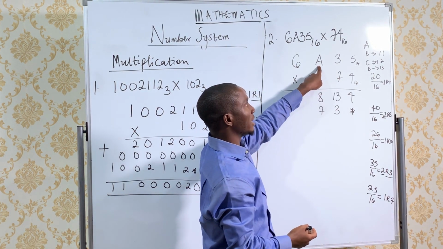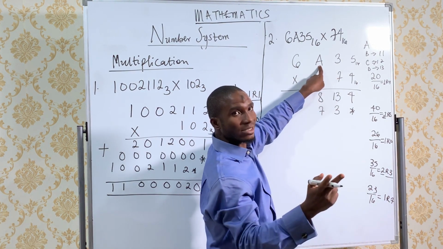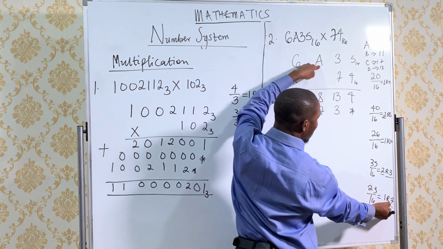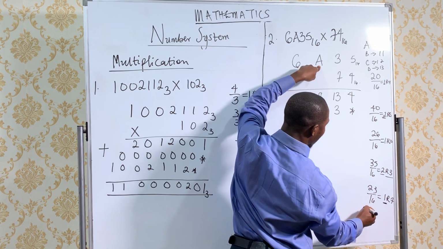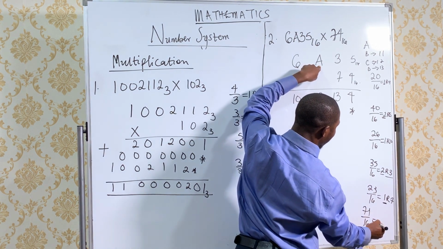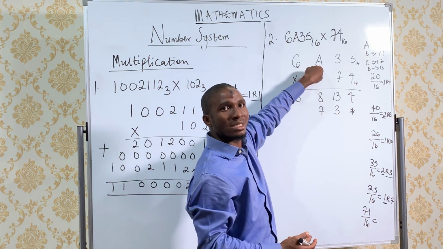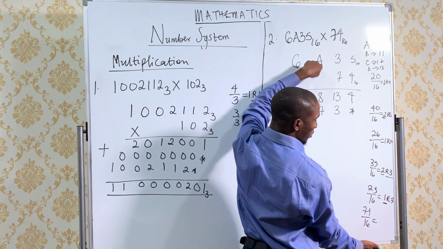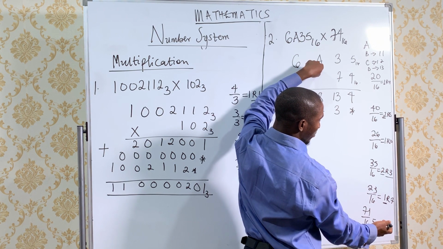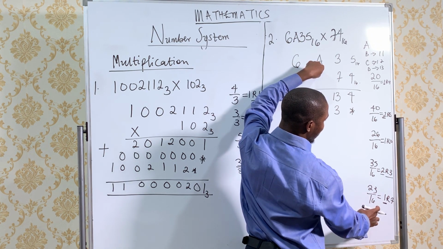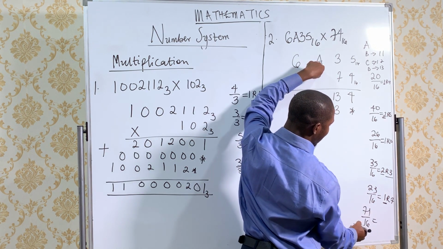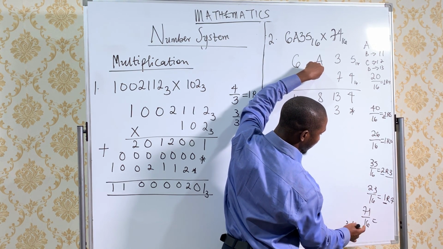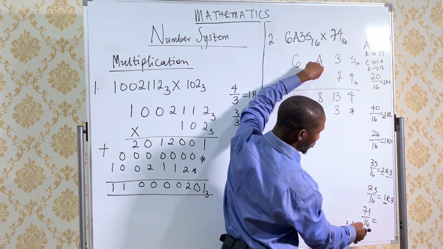7 is multiplying this one, this A. This A is 10, don't forget. So 7 times 10 is 70, plus this 1, that will be 71. Now the next thing is, how many 16 can we see in 71? It will not be up to 5, because 16 times 5 will give us 80.